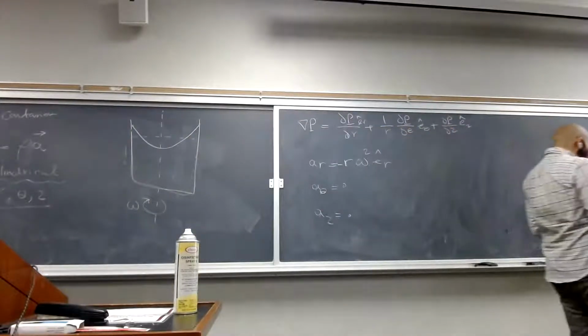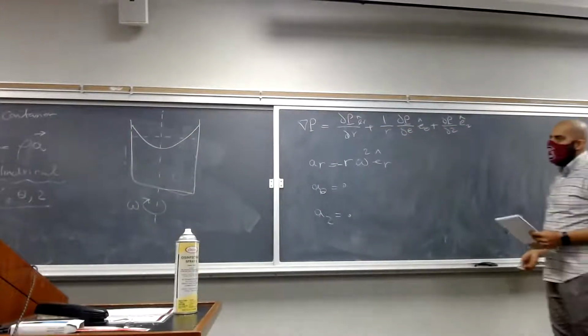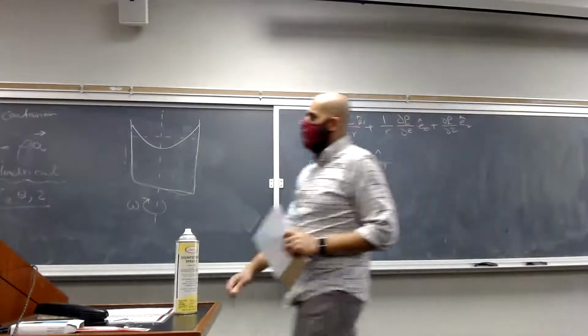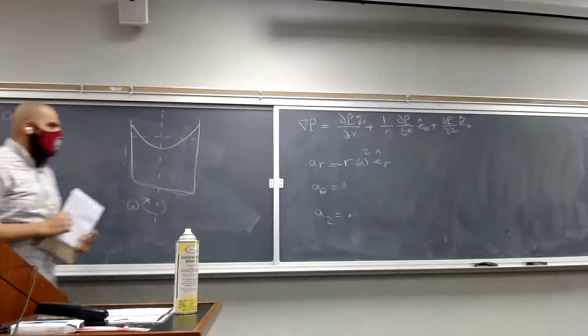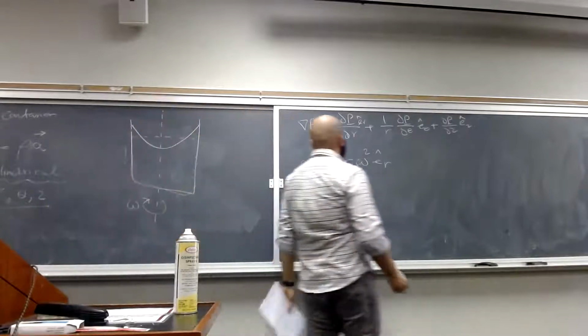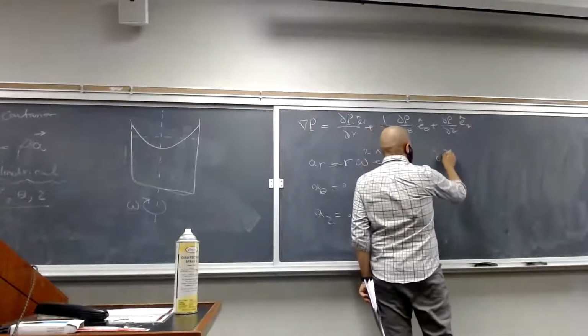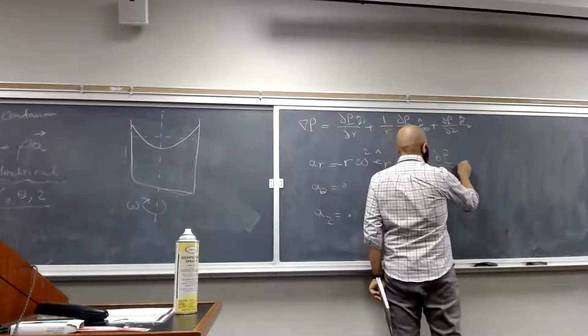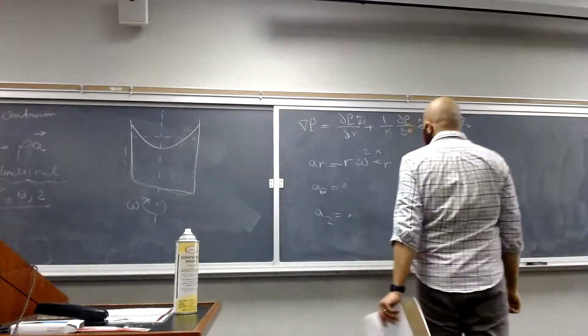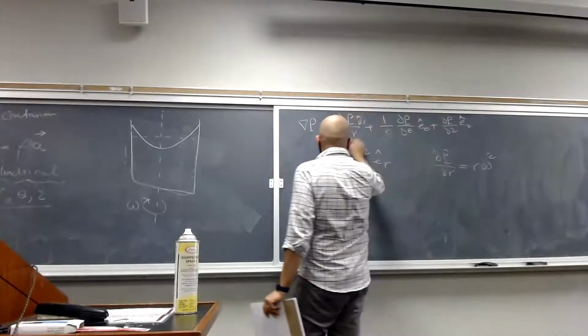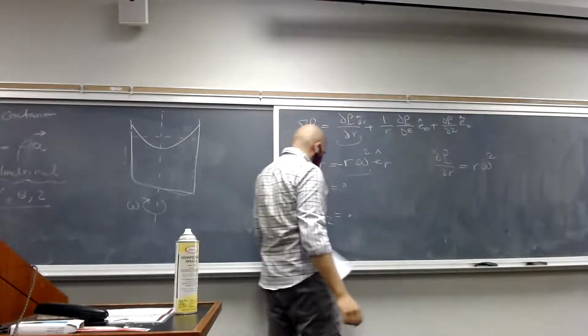Okay, so if you want to write the main equation we are dealing with, it is not hydrostatic anymore, we're going to get partial p, partial r is going to be rho r omega squared. The gradient is equal to this.